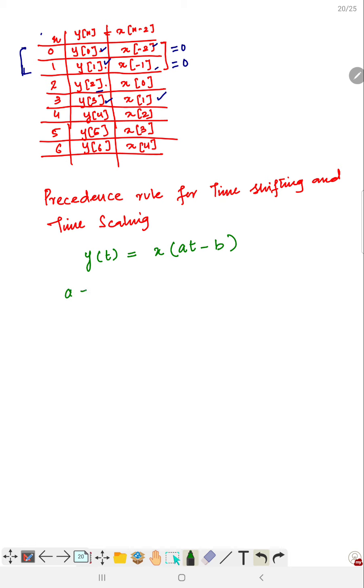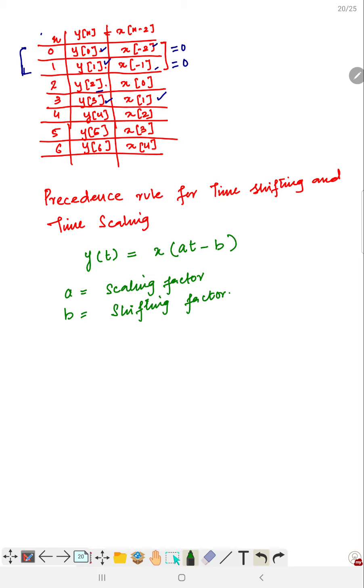So here a is the scaling factor, time scaling factor to be more specific, and b is the shifting factor, the amount of shift.